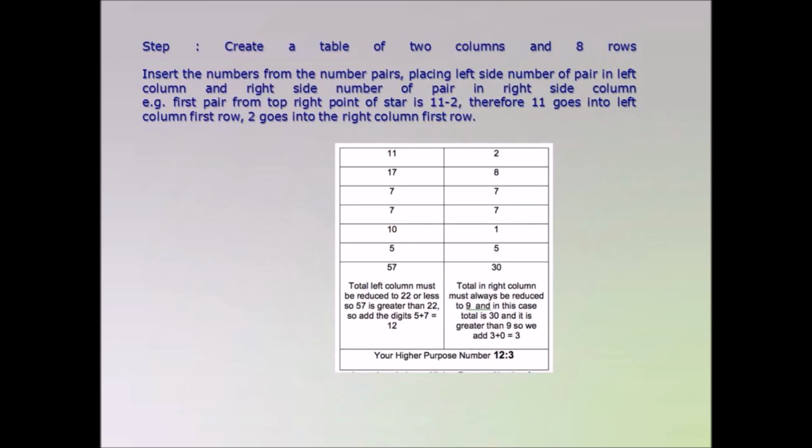Move to the right-hand side. The total is 30. How do we reduce that? It's above 22. Just simply add 3 plus 0 is 3. That gives you 3 as the right-hand number in this pair. And what you've revealed is that the higher purpose vibration or number for Michael Joseph Jackson is 12.3.